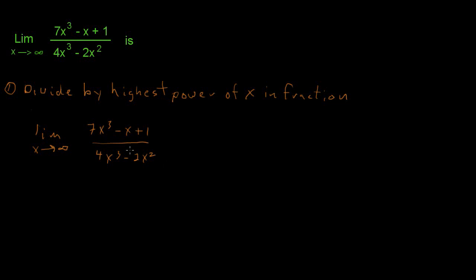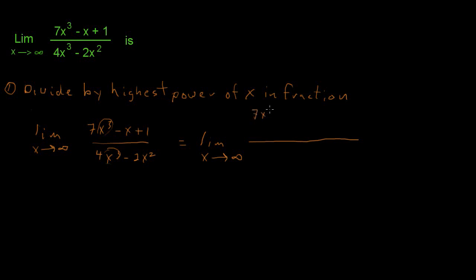So what is the highest power of x in our fraction? You're probably looking through and thinking, well, I see an x cubed in the numerator and an x cubed also in the denominator. I don't see anything larger than that, so x to the third power is the highest power of x.